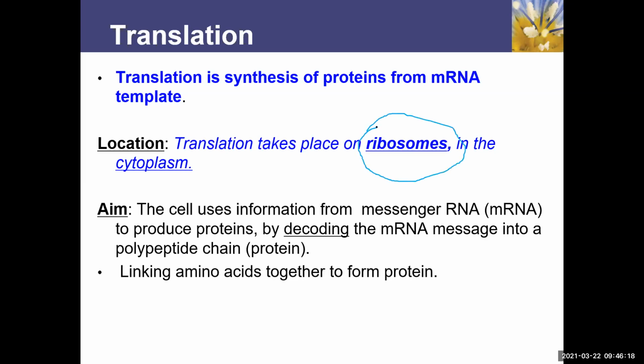So I have a recipe, which is an mRNA, and the ribosomes, which are like a kitchen for me. Now just imagine the recipe is in some Chinese language. How will you make your cake if the recipe is in Chinese? What will you do?